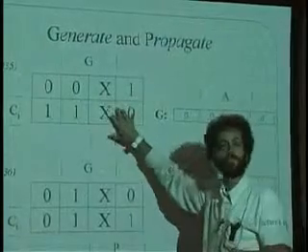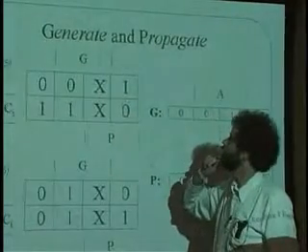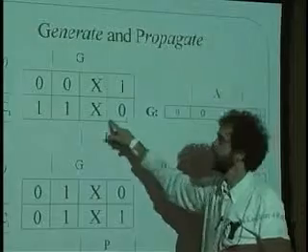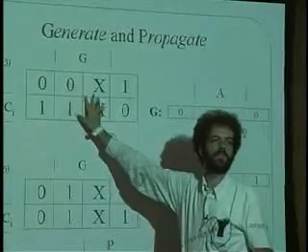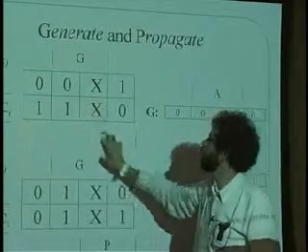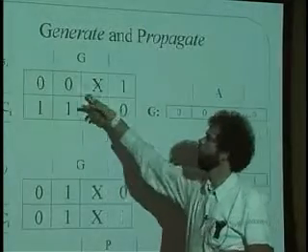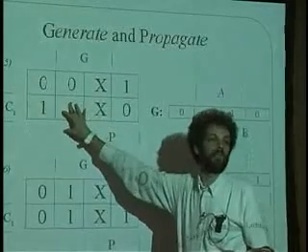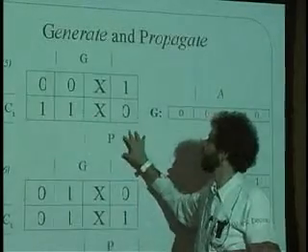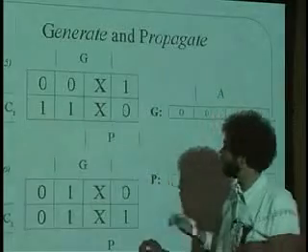This is a simple function. What is this function? It's propagate XOR C sub I. That's all this function is, right? If propagate is true, then we want to invert C sub I. If propagate is not true, then the sum is equal to C sub I. So it's just P XOR C sub I. How about here?